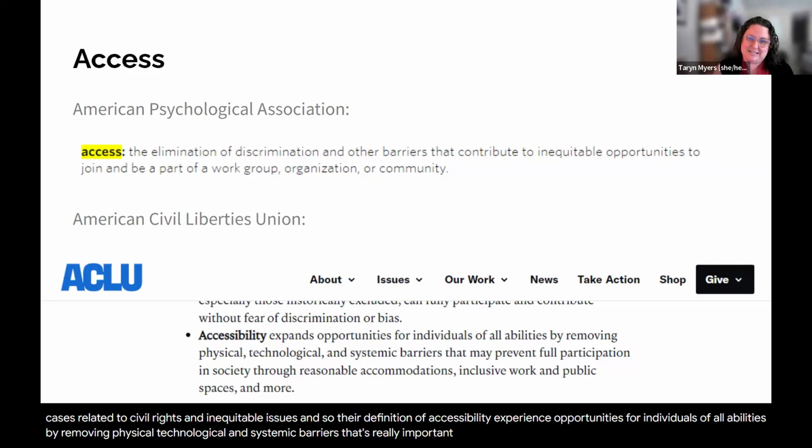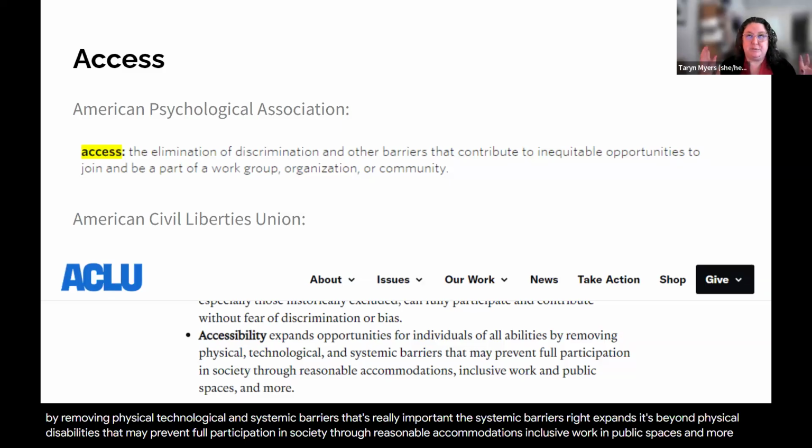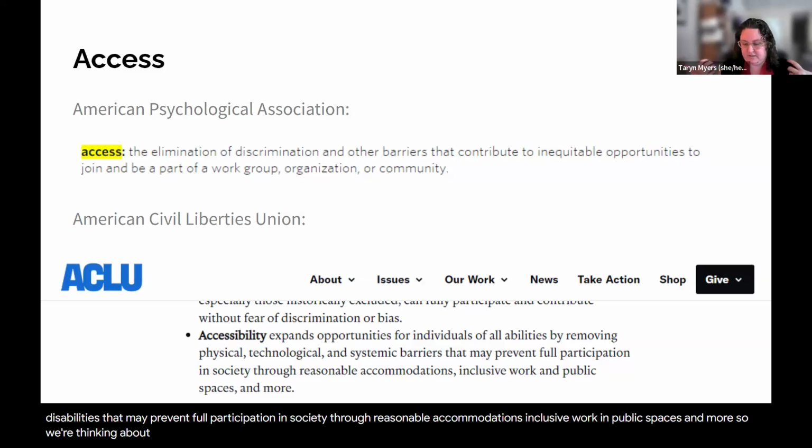That's really important. The systemic barriers, right, expands it beyond physical disabilities that may prevent full participation in society through reasonable accommodations, inclusive work in public spaces, and more. So we're thinking about disability, yes, but then we're also thinking about equitable access for everyone, regardless.